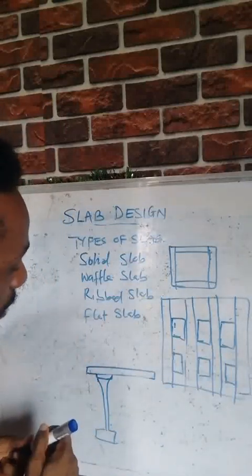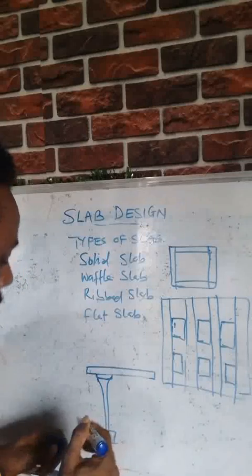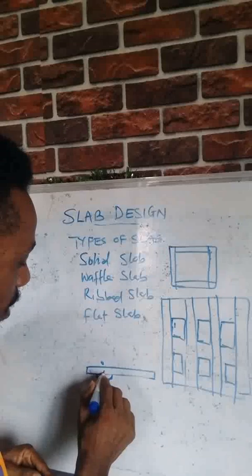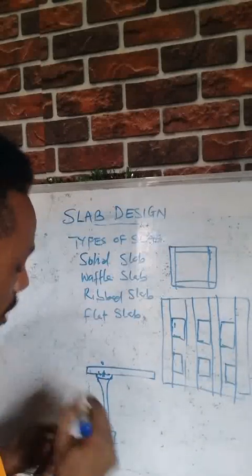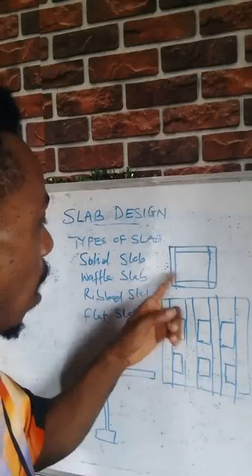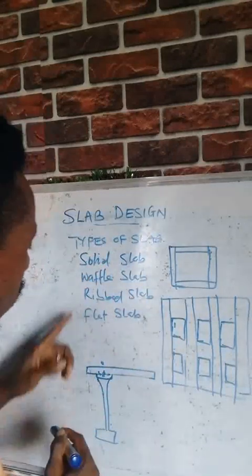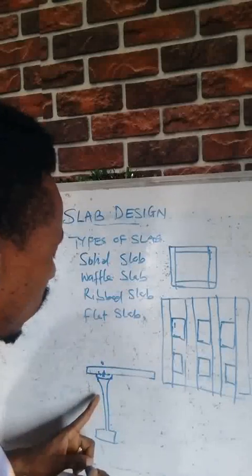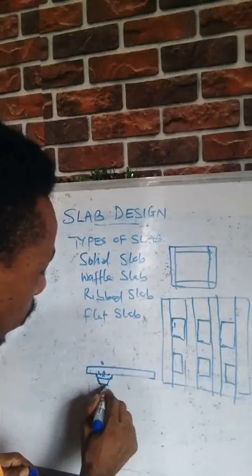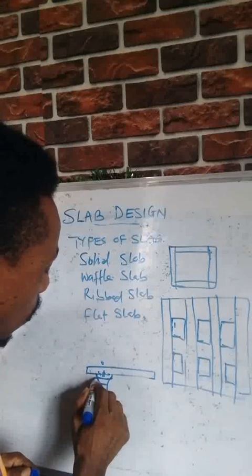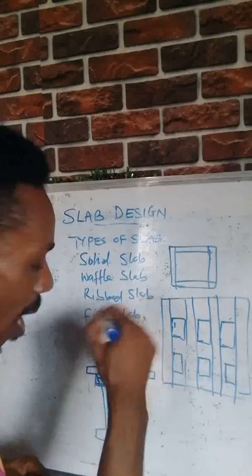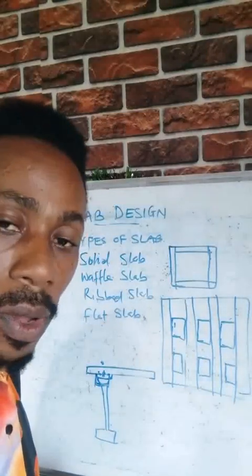Now in the flat slab, there are always stresses in this region, and the stresses here are very high. Because in our solid slab, you discover that the beams are hinged to the columns before you now have the slab on it.